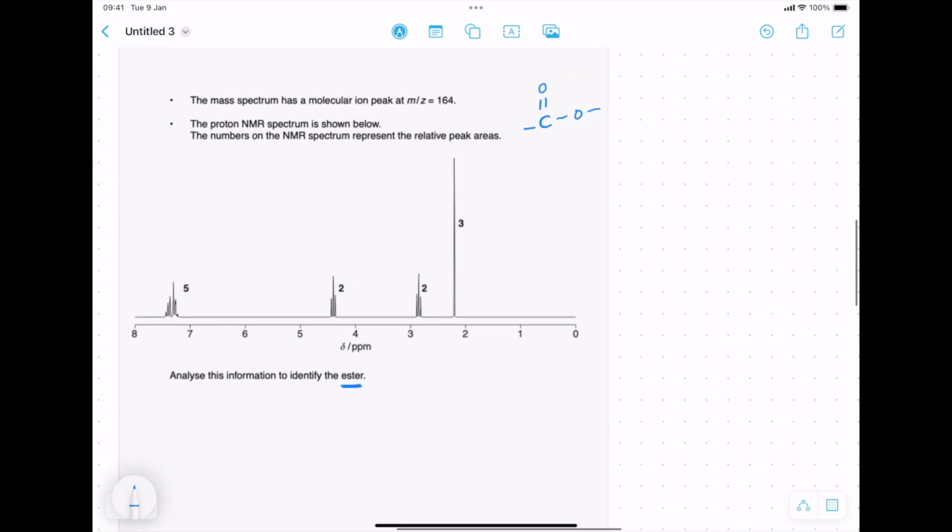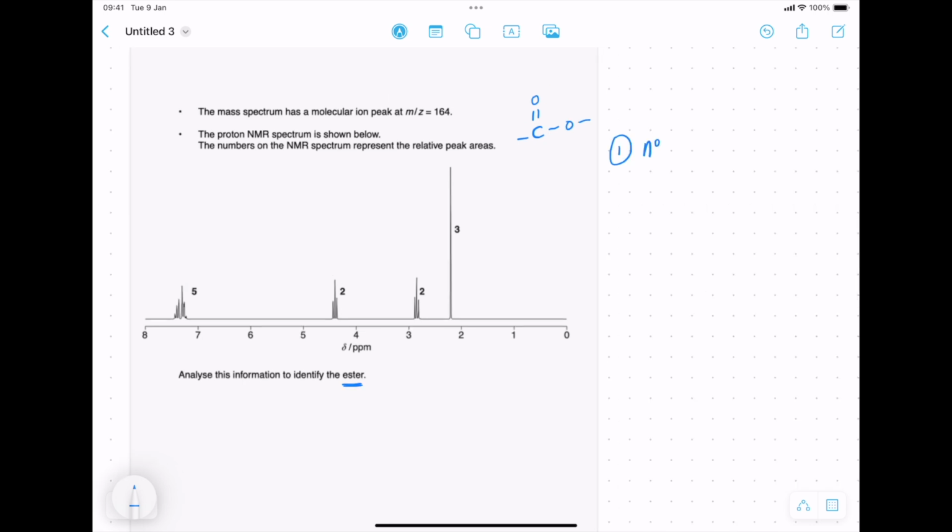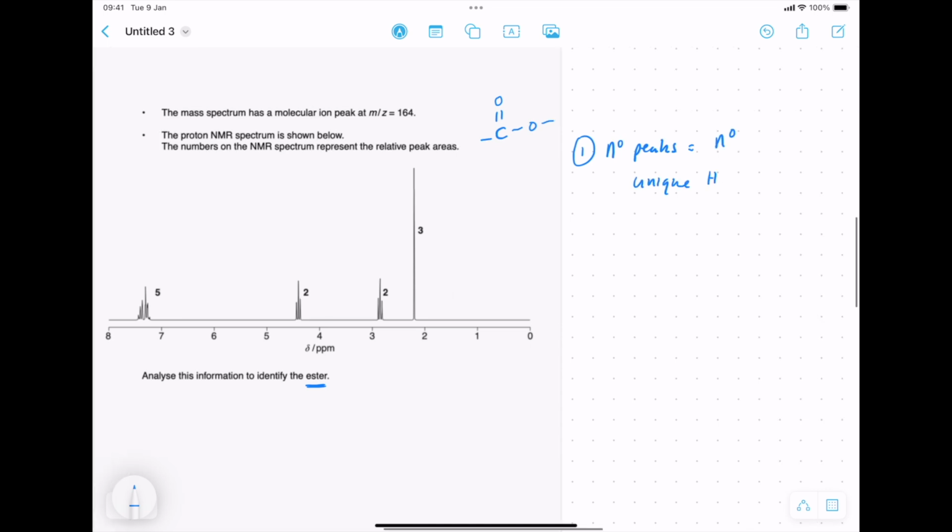So the first thing we're going to recap is the principle of NMR. Number one, the number of peaks is equal to the number of unique hydrogen environments. The second one is the area, formerly known as the integration, so the integration value is equal to the number of hydrogens in the environment.